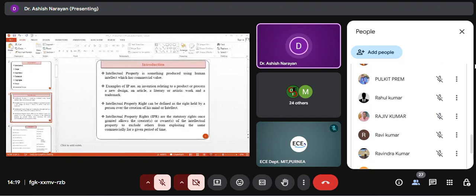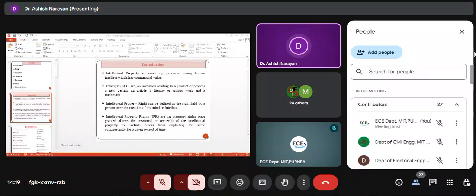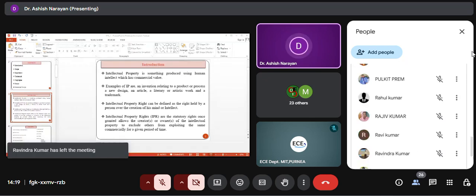So the symbol of copyright is like that. Then the patent. Patent is an exclusive right granted to an applicant by the government for a limited period to practice the invention, manufacture, use and sell in lieu of the information discovered of the government with regard to an invention.